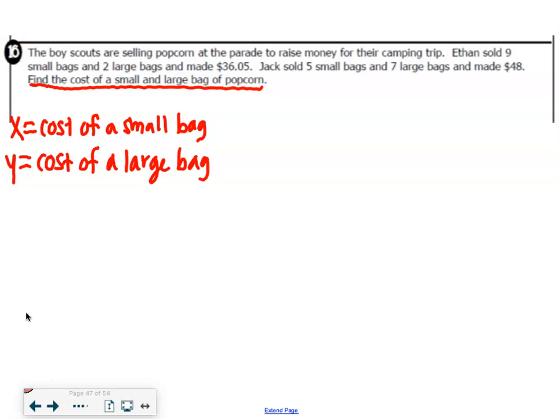Okay, so now we have 2 boys, right? Ethan and Jack. So let's write out Ethan's equation. So if I go back to Ethan, it says Ethan sold how many small bags? He sold 9. So I'm going to have 9x plus, and how many large bags? 2. And his total was $36.05.